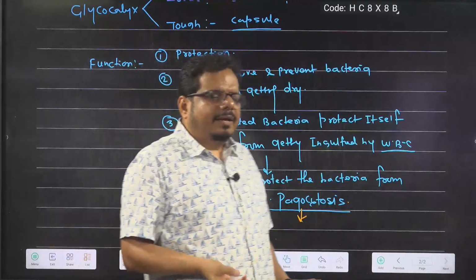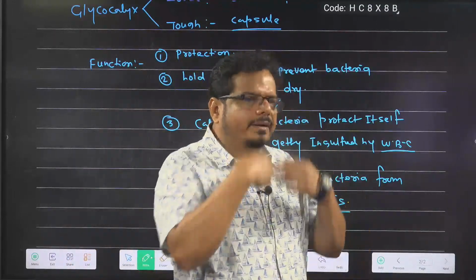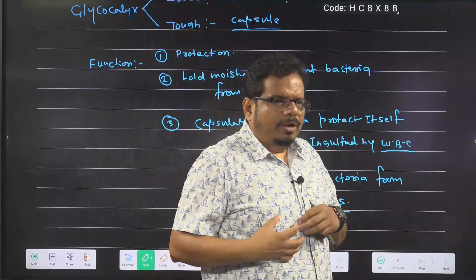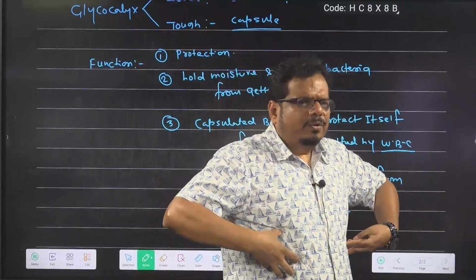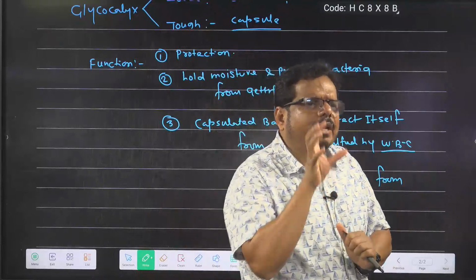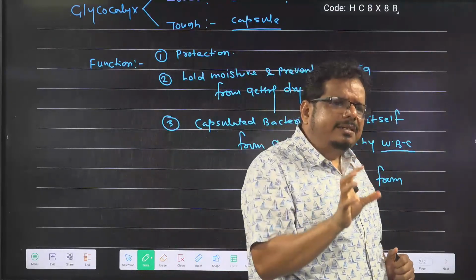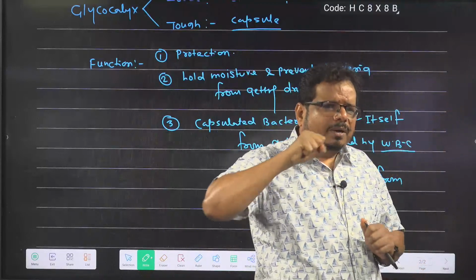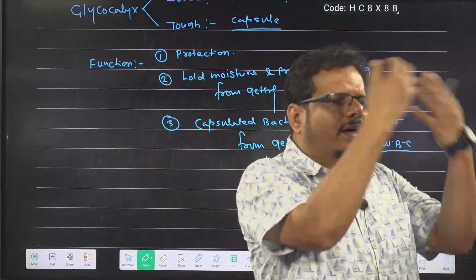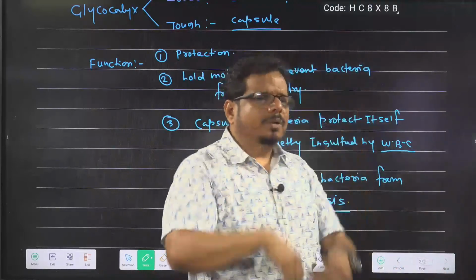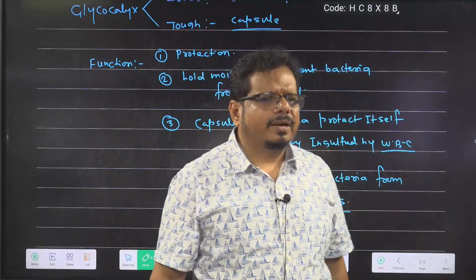Suppose a bacteria enters your body. WBC is a warrior of your body. What is WBC doing? They are eating the bacteria. When a cell eats the bacteria or anything unwanted coming in, it is called phagocytosis. It is engulfing of bacteria. They consume the bacteria, they digest the bacteria. So bacteria are not able to infect you.